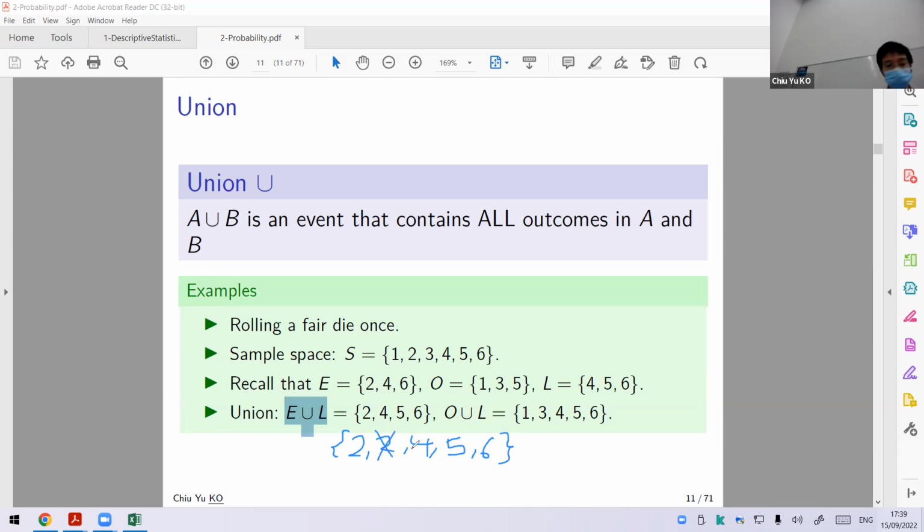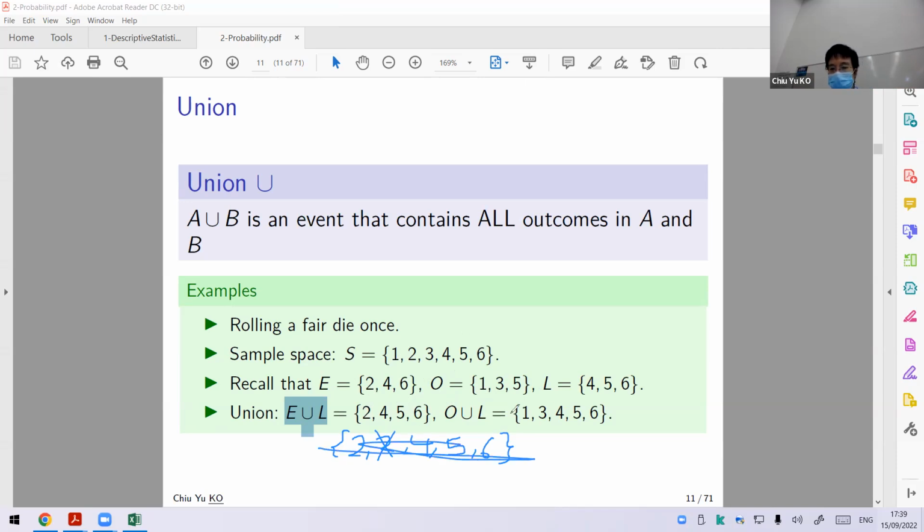So basically you write everything and take out the duplication. That is union, because it includes everything: you combine, concatenate or join them together and take out the duplicated part.